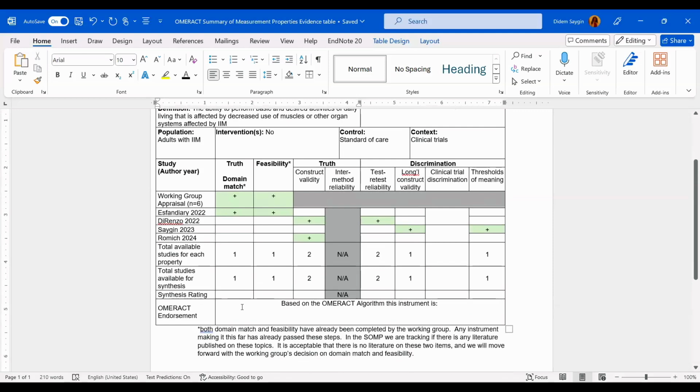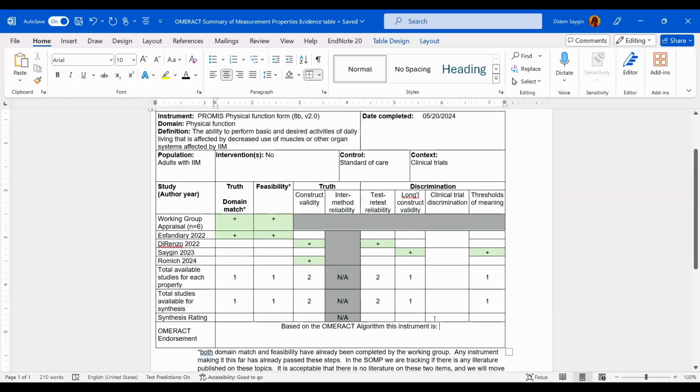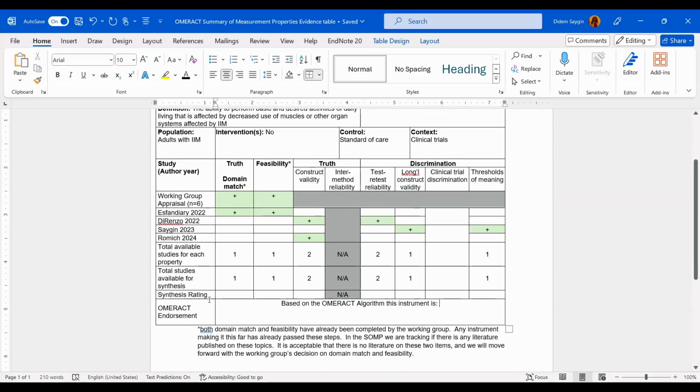We weren't sure if we are ready to do the synthesis part or the OMERACT endorsement, given that we don't have anything on this column, the clinical trial discrimination, and we only have a few studies that was done only by our group. So my question would be, when do you think groups would be ready to do the synthesis and do the formal OMERACT endorsement?